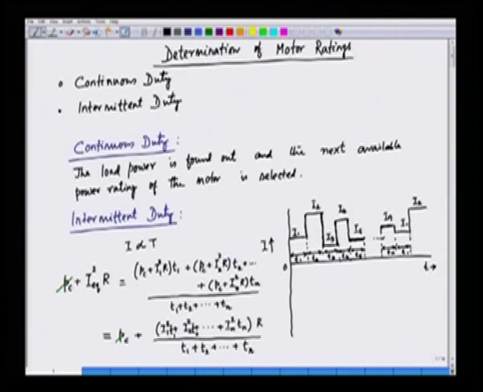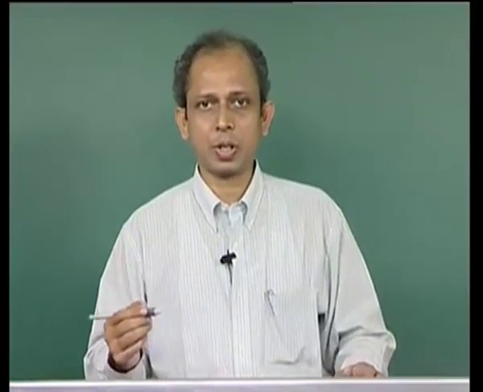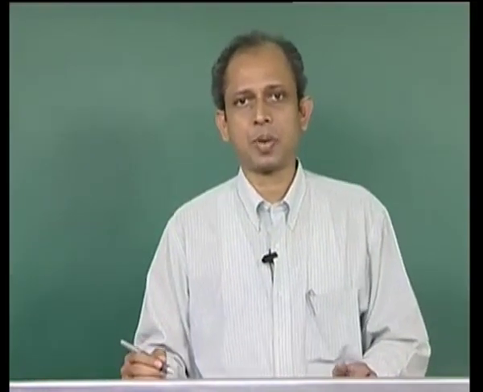Now sometimes if we have a continuous current variation, how do we find this? For the discrete current variation, we can find the sums I1 square T1 plus I2 square T2 and so on. If the current variation is continuous, instead of a summation, what we will require is an integral.